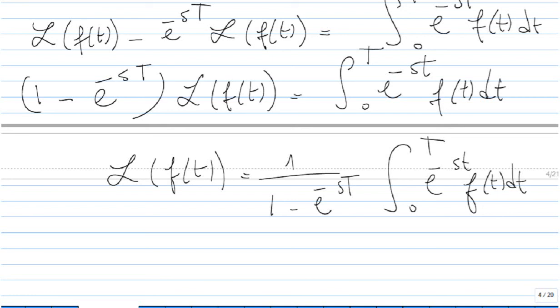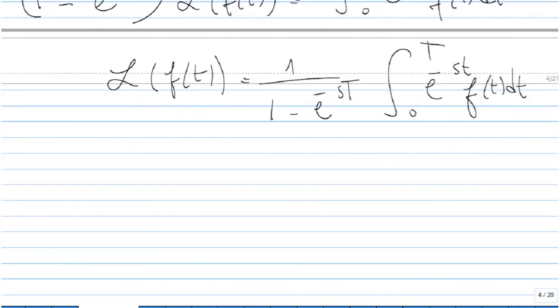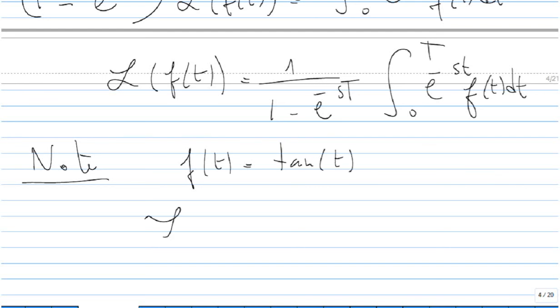One assumption in this problem was that this function has a Laplace transform. Note, not all periodic functions do have a Laplace transform. For example, if you take f of t equals tangent of t, Laplace of f of t does not exist. The reason why it does not exist is because of pi over 2.